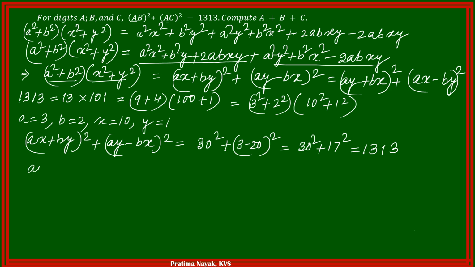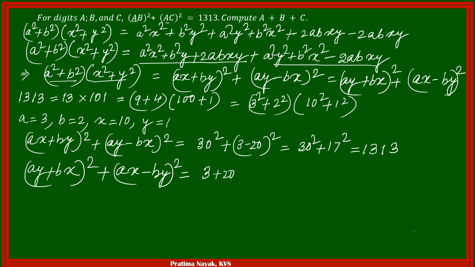So that is (ay plus bx) whole square plus (ax minus by) whole square. Now let us take the values. ay will be 3 into 1, 3, plus bx, it will be 20, so (3 plus 20) square plus ax equal to 30 minus 20 whole square.